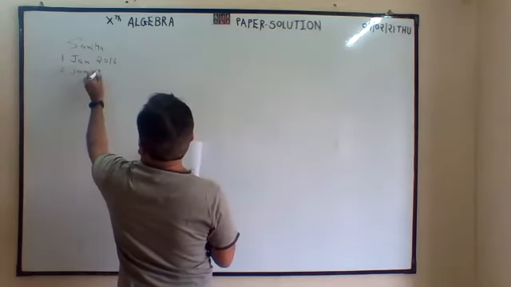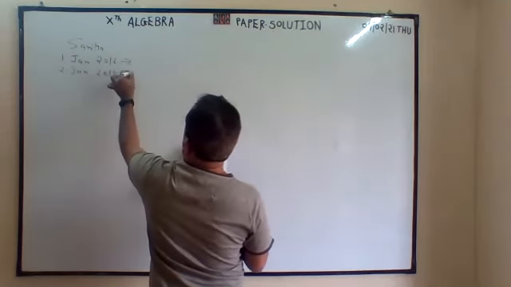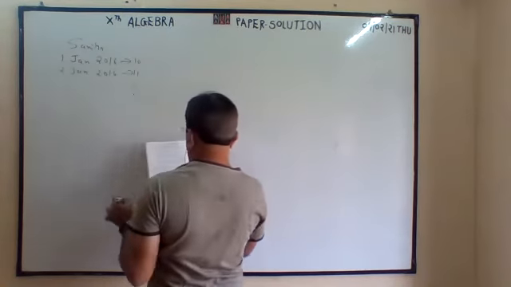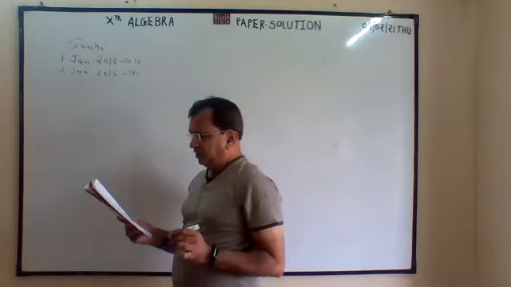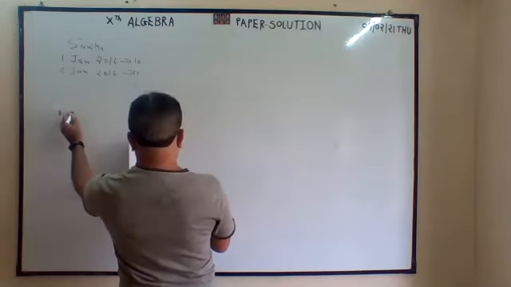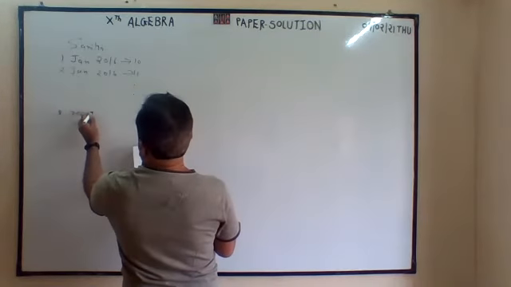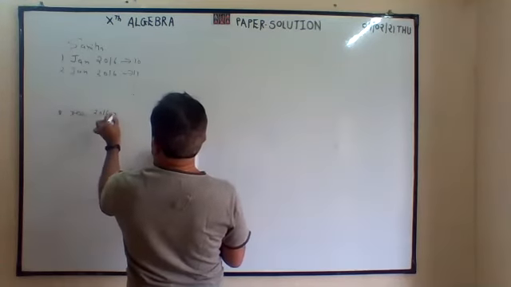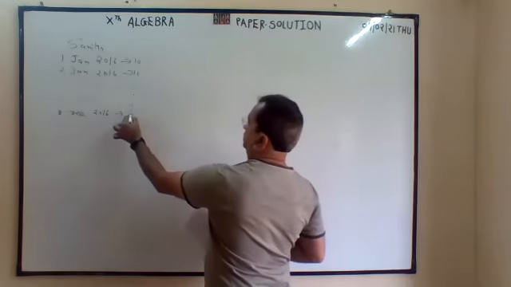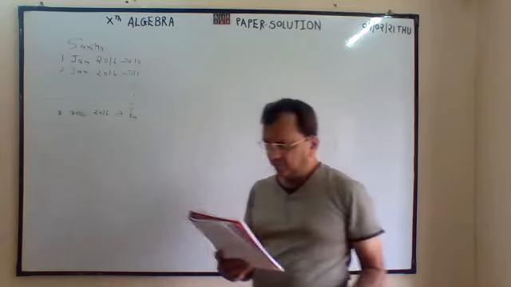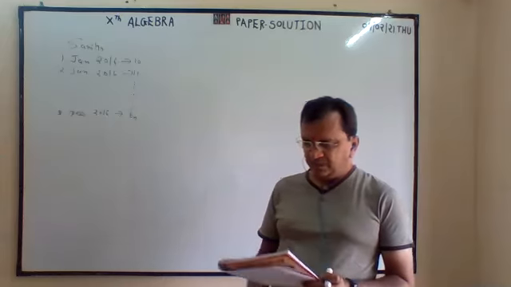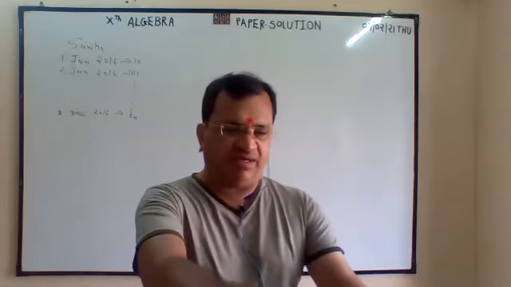On 2nd January, first day 10 rupees, 11 rupees, till 31st December, some amount, that is the last one. What is the total saving?